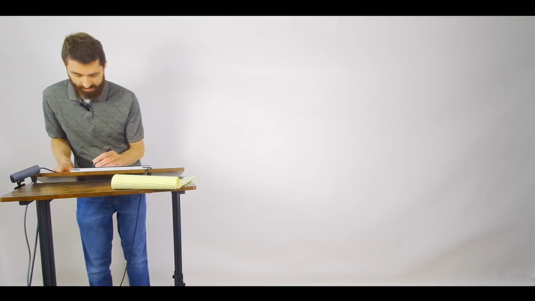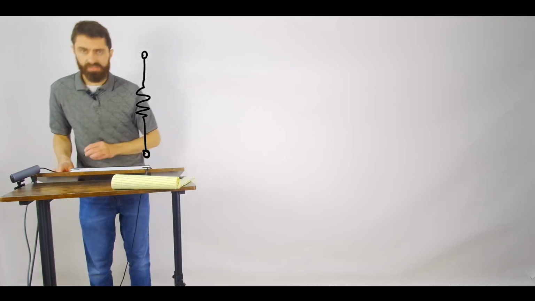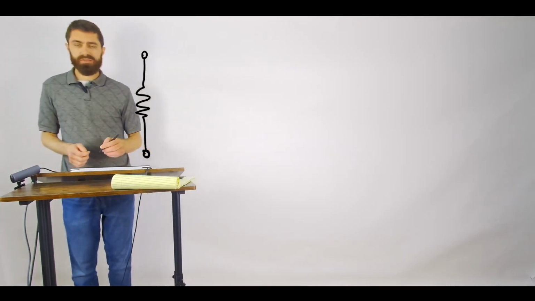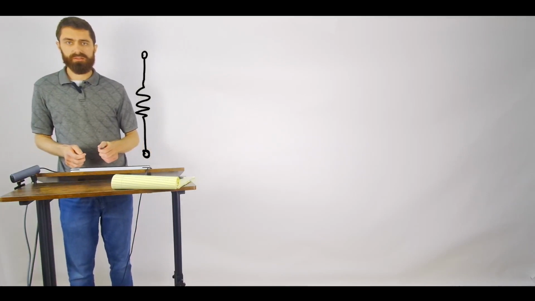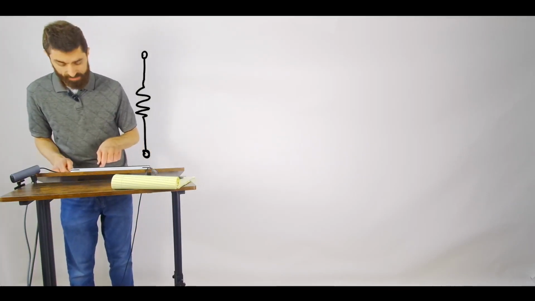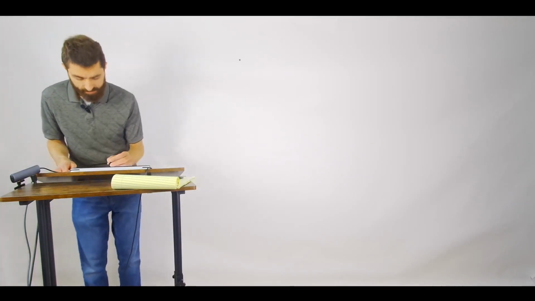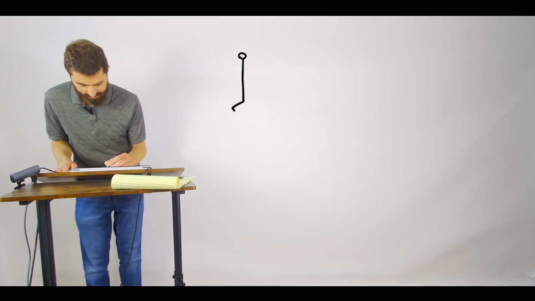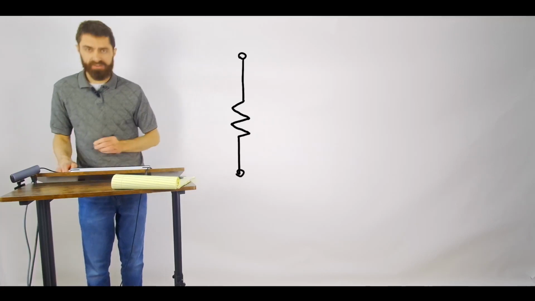So the simplest component is a resistor. And typically the symbol is like a little squiggly line. That actually was not very good, I have to admit. Let me just resketch this. That looks a little better.